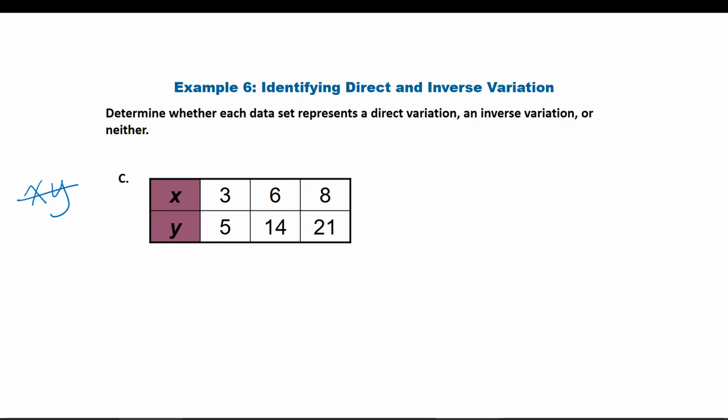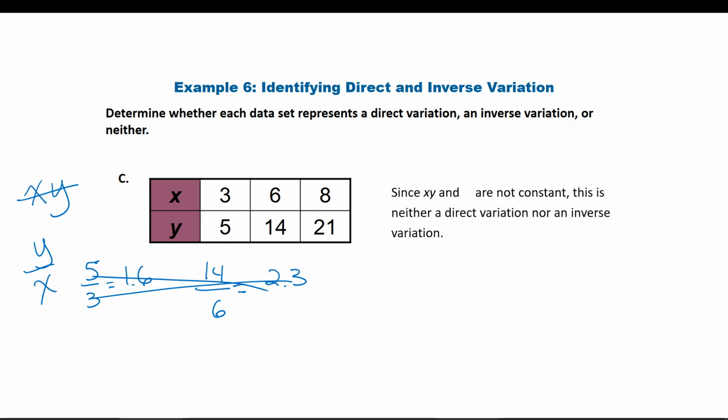Now I'll try a direct variation, so y over x. 5 over 3 is about 1.6, and 14 over 6 is about 2.3, so that doesn't match up, so I know it's not a direct variation. Therefore, since x times y and y divided by x are not constant, this is neither a direct variation nor an inverse variation.